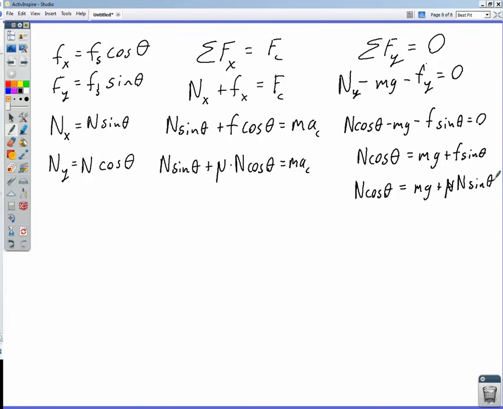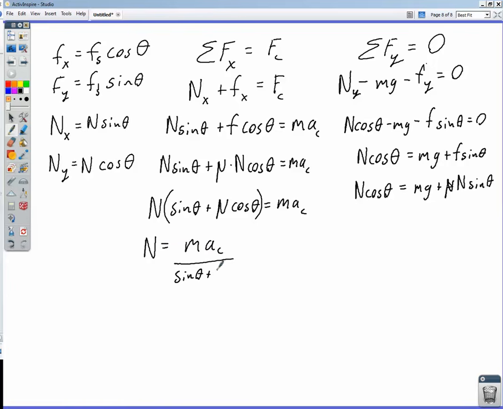So probably the easiest thing is to solve both for the normal force and set them equal to each other. So let's factor out an N on the left side here. We've got N times sine theta plus mu cos theta is equal to m a sub c. Solving for N, we get m a sub c over sine theta plus mu cos theta.